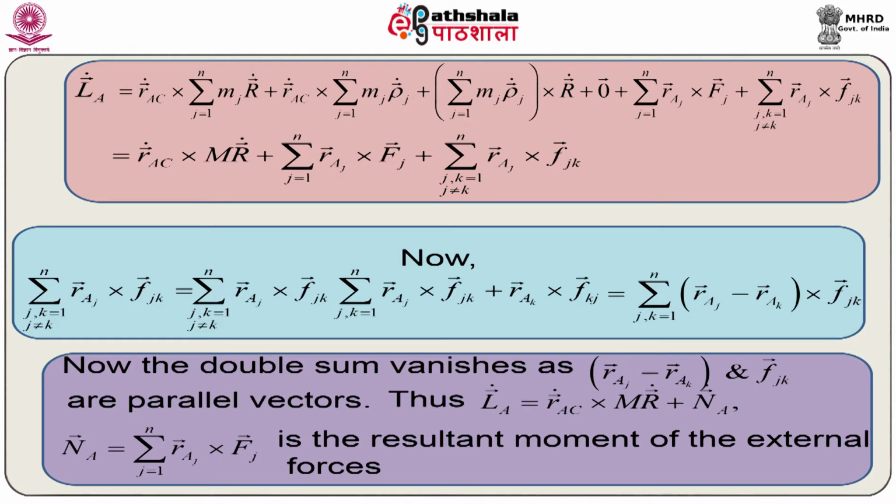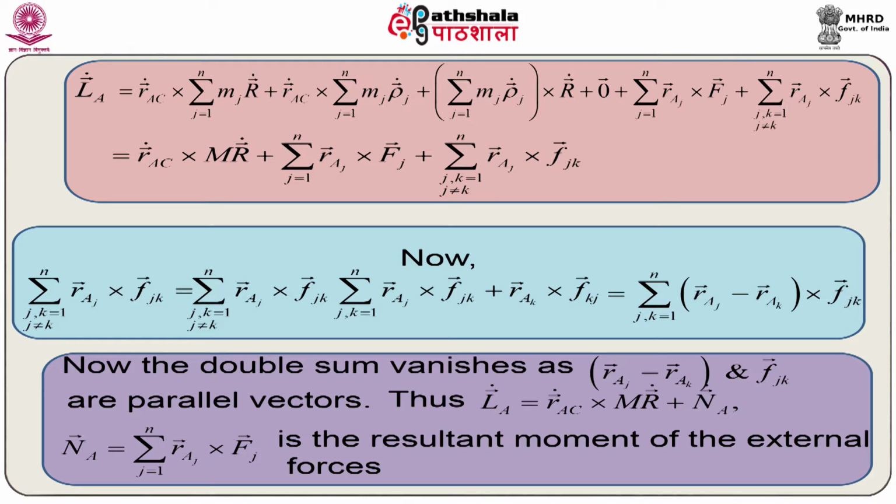Thus, we have LA vector dot equal to this one plus NA vector. This term is this one and this term is written as NA vector. NA vector is given by this. This is the resultant moment of the external forces.